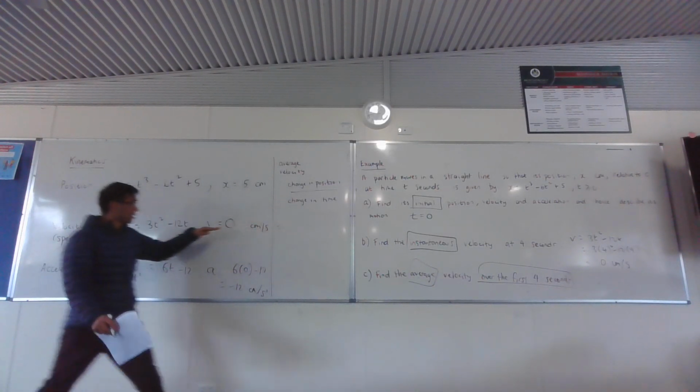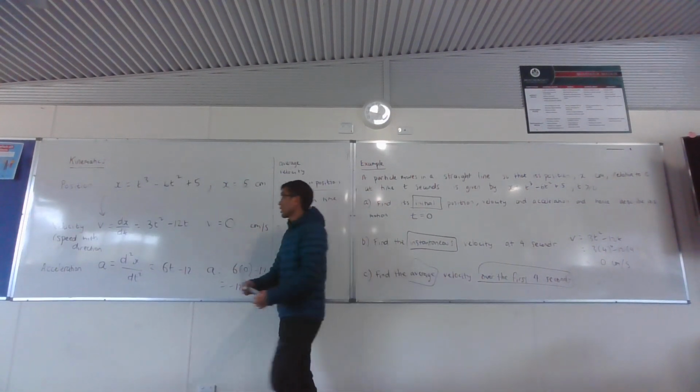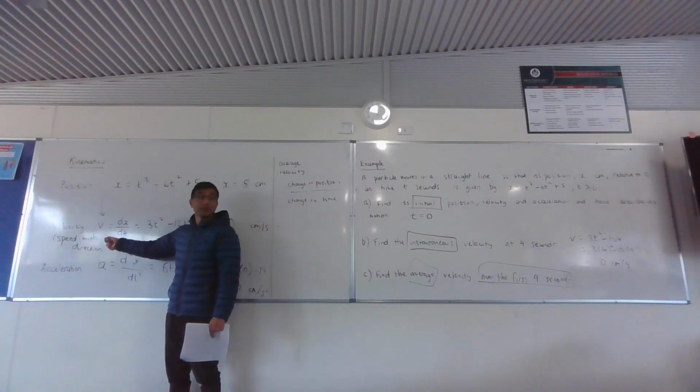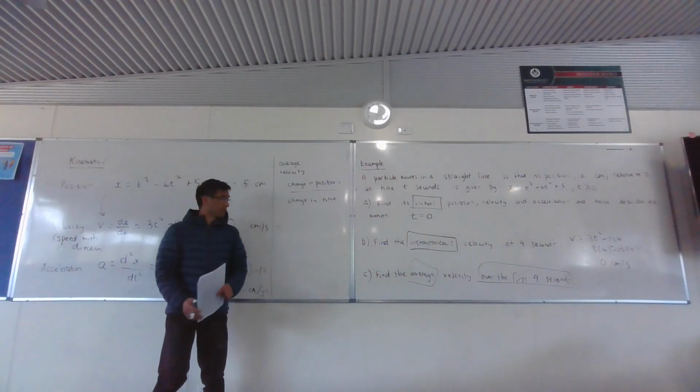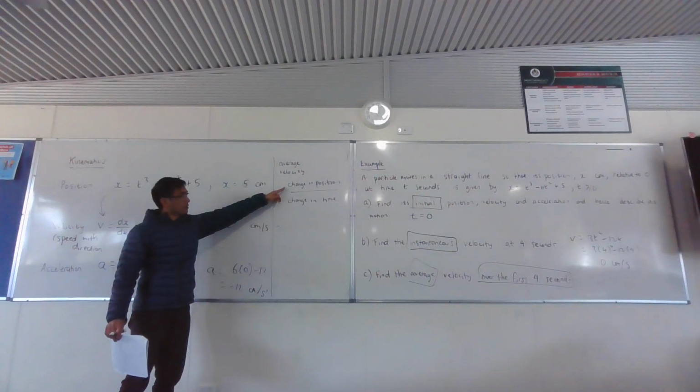Okay? So it might seem that it says velocity here, and it might seem we go into the velocity equation. That's the mistake, because we're looking at change in position.